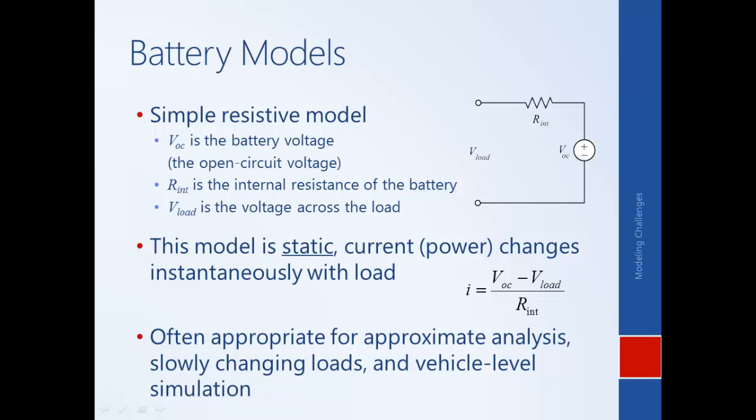Another situation where it may be appropriate is if you're doing a system level simulation. So in this case, if you're trying to model the battery, but it's also interacting with an electric motor and the drive line, etc. A situation you can have is that the dynamics of the battery are so fast that they get lost when you compare them to the dynamics of the other parts of the system.